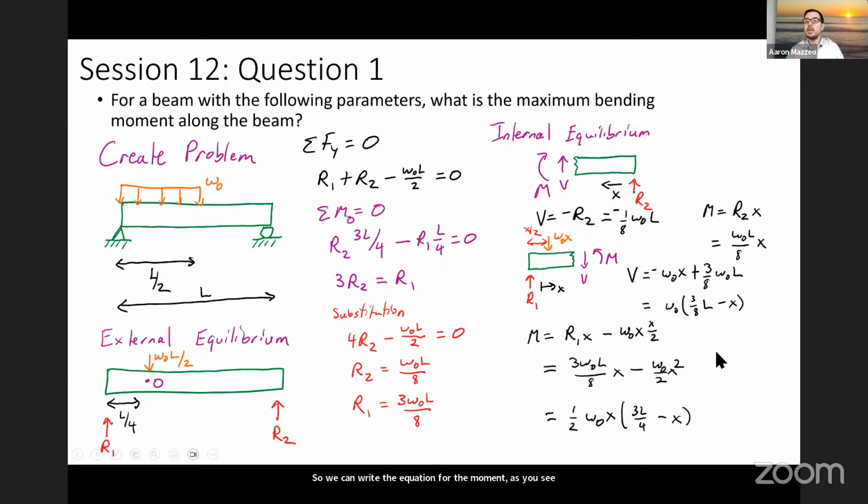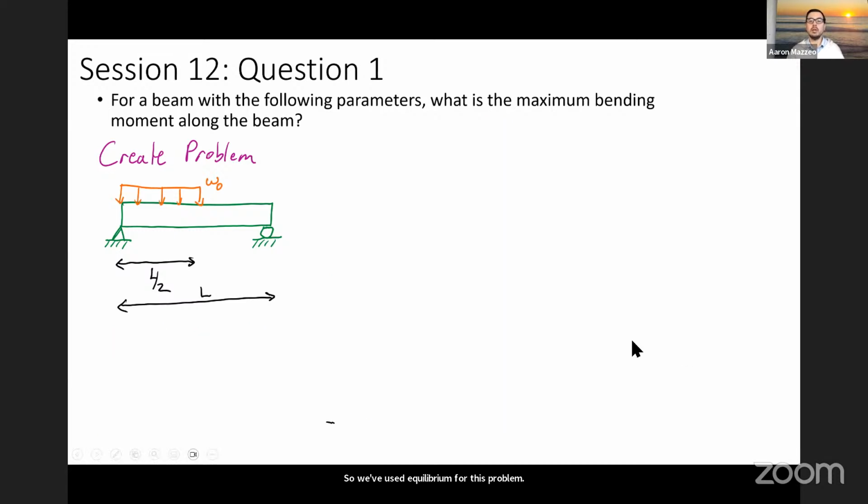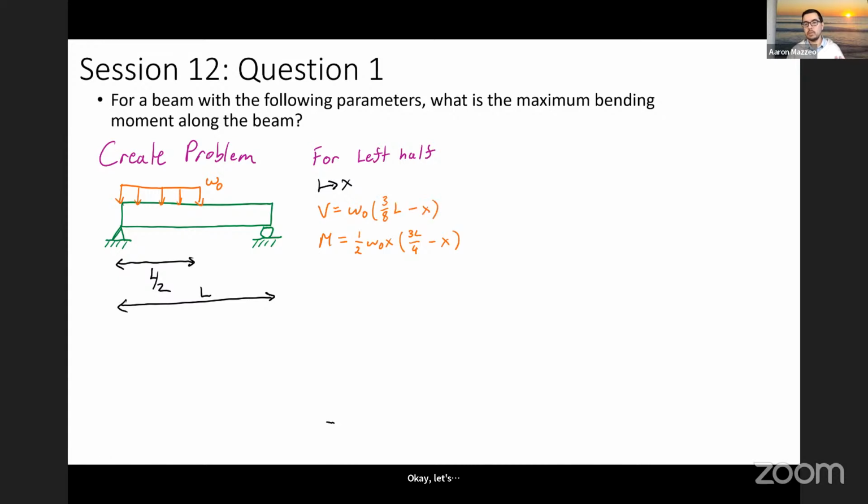So we've used equilibrium for this problem, and now let's take a look at what we've calculated. This is just from the previous slide.